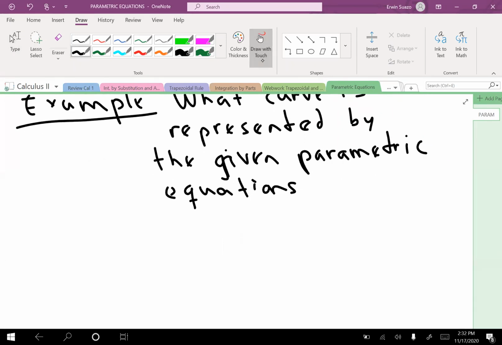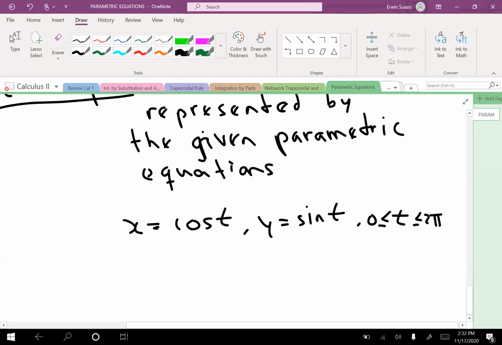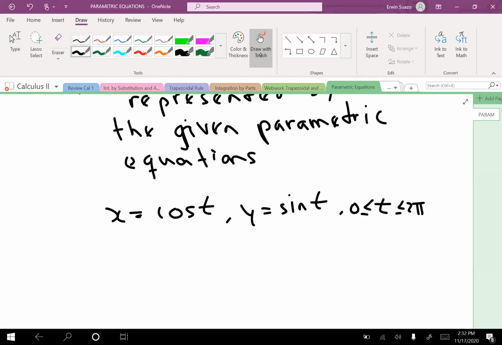Please graph the following: x equals cosine of t, y equals sine of t, but this time t is between 0 and 2 pi. I'll let you try to guess. Try to plug in at least four or five points, let's try to find six points. I'll give you 5 minutes.